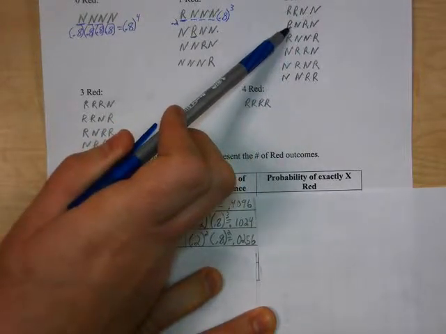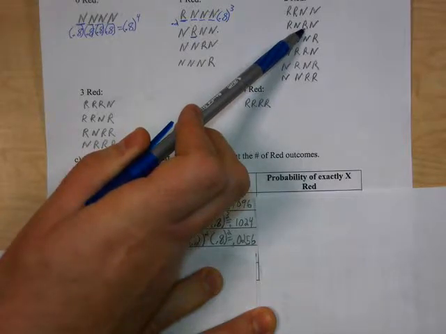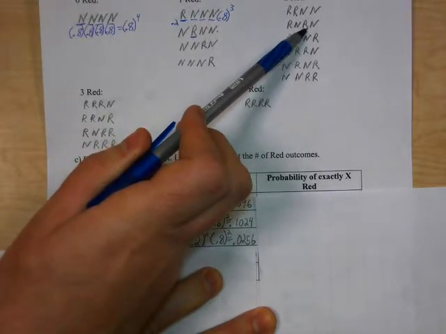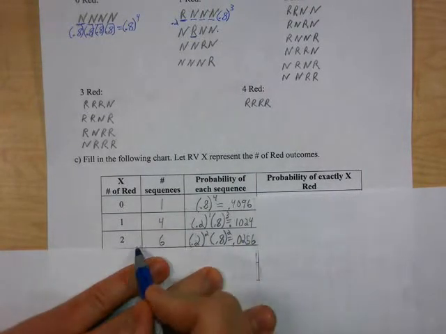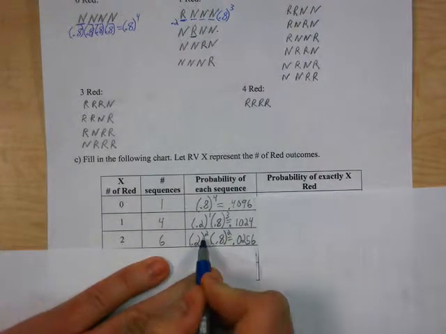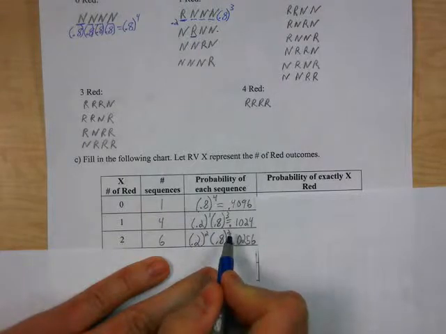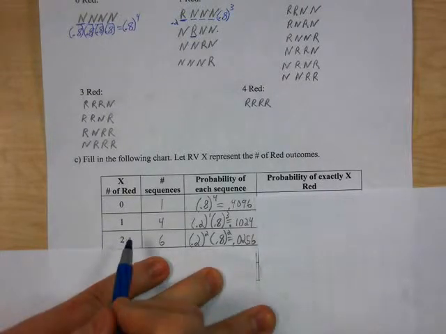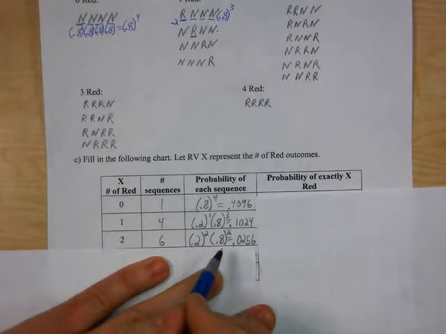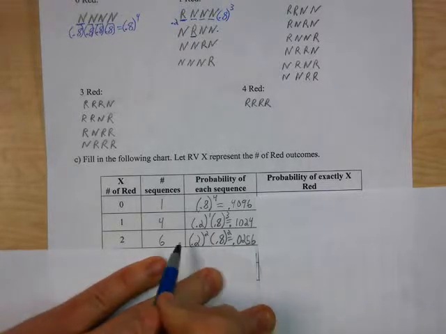The next one, 0.2 twice again for the 2 reds, and then 0.8 twice for the 2 not reds. So each time, for those 2 reds, you're going to have 0.2 to the 2nd, and then 0.8 to the 2nd. Multiply that together, 0.0256. So the probability of getting any one of those sequences of 2 reds is 0.0256, and there were 6 ways for that to happen.